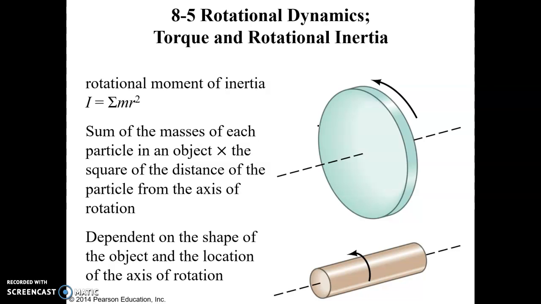And we're going to move on now to a concept called moment of inertia, the rotational moment of inertia. If I were to come up with an analogy between this and a concept for linear motion, it's somewhat similar to mass.